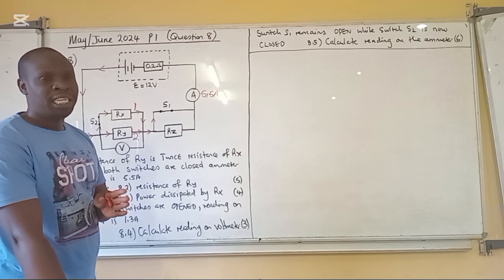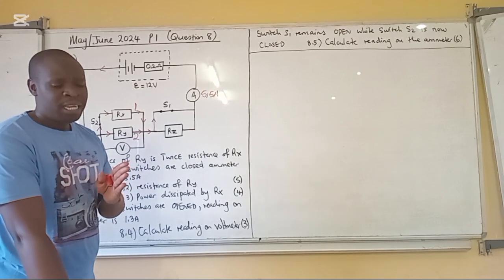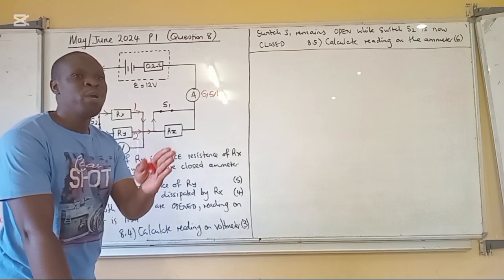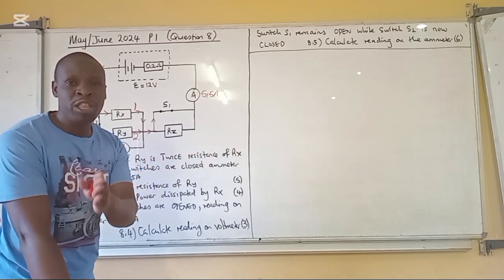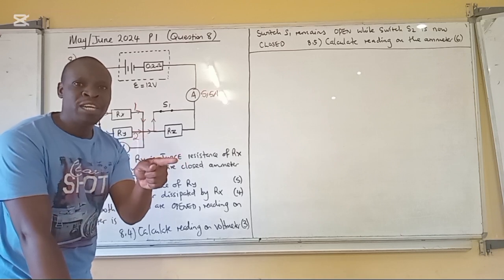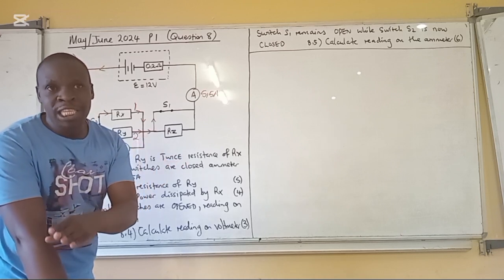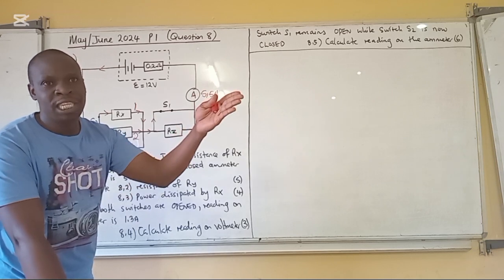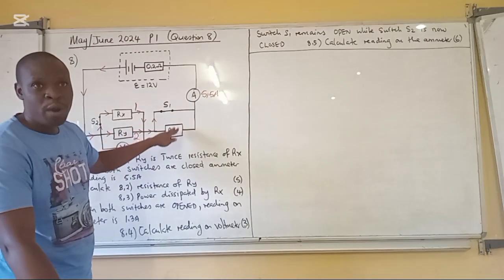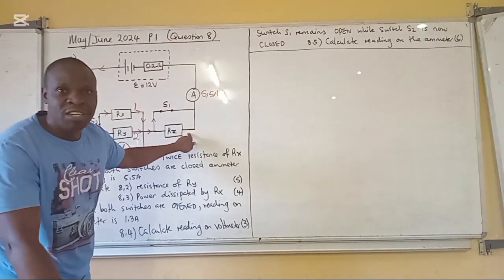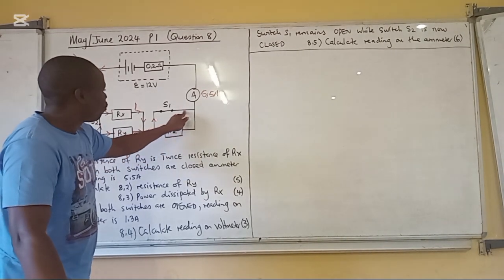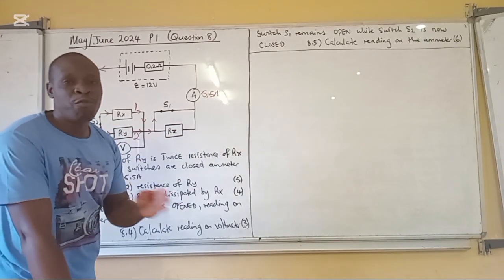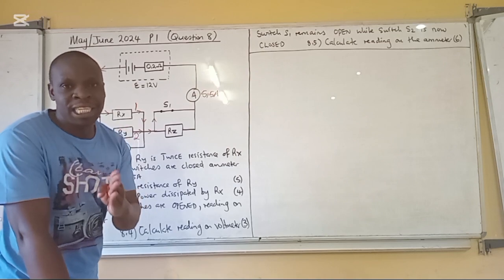The way current is divided, when it has an option, let's say two paths, one with high resistance and another path with low resistance, more current will flow through the path with the least resistance, and less current will flow through the path with high resistance. Now we have a situation here whereby this path has resistance, and this path with the switch does not have resistance at all. So all the current will flow through the path without resistance.